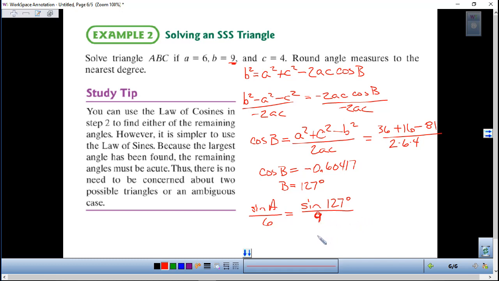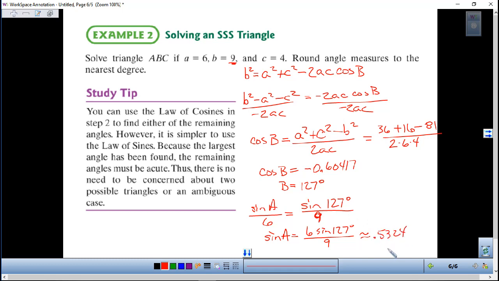And we can do our cross multiplication and everything, and we're going to end up with the sine of A is equal to 6 times sine of 127 over 9, or approximately 0.5324.